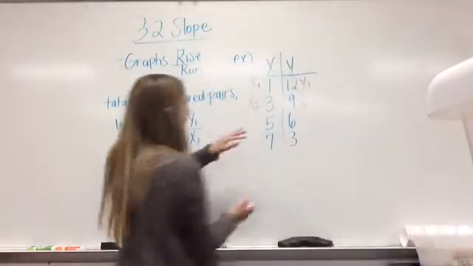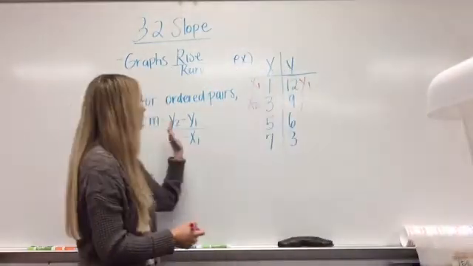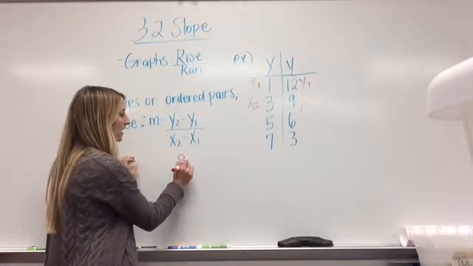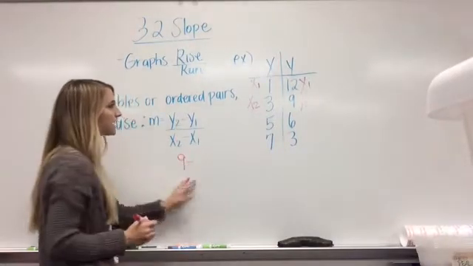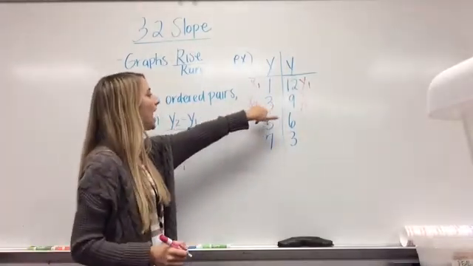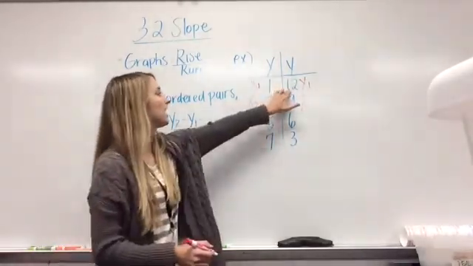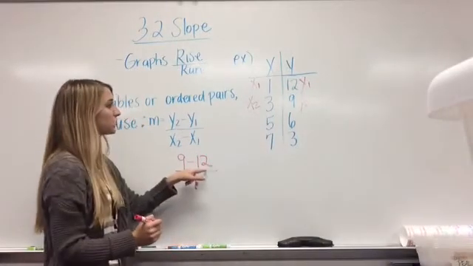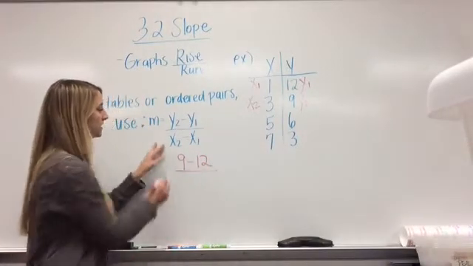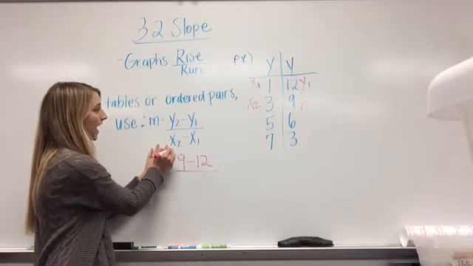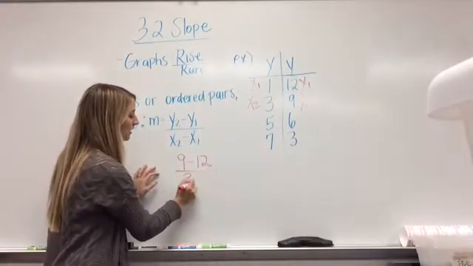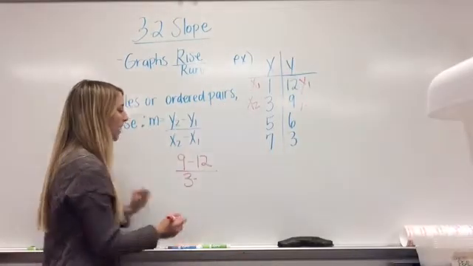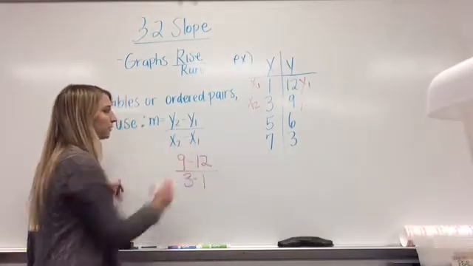So y2 is what we're starting with, and y2 is 9. We always put our little subtraction sign, and then y1 is 12. So we have 9 minus 12. And then on the bottom we start with our x2, which is 3, and our x1, which is 1. We're subtracting because that's what our formula told us to do.